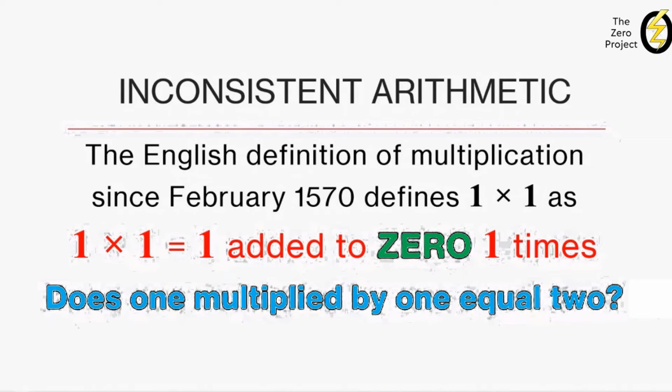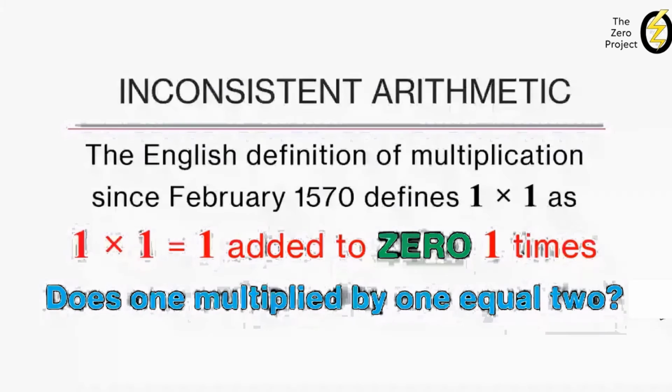Now, my research, spanning about 16 different language translations of Euclid's definition of multiplication, revealed it was actually an incorrect translation. Euclid's definition of multiplication was in effect A multiplied by B equals A put together B times. But the Indian approach really involves the use of zero, and that's not in the definition of multiplication today.